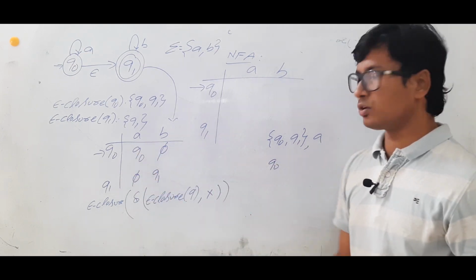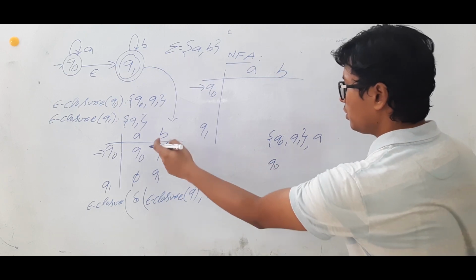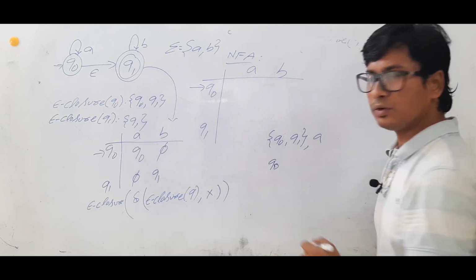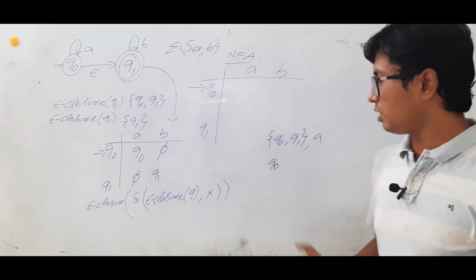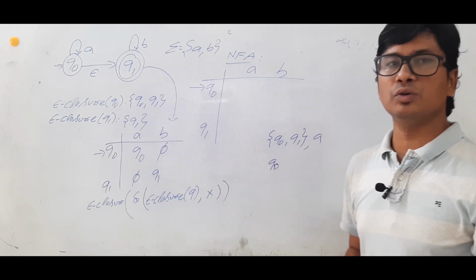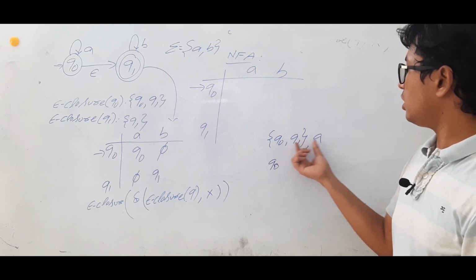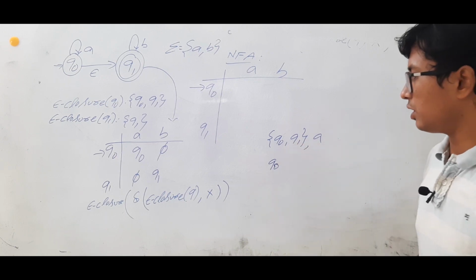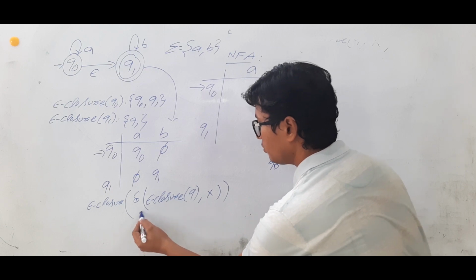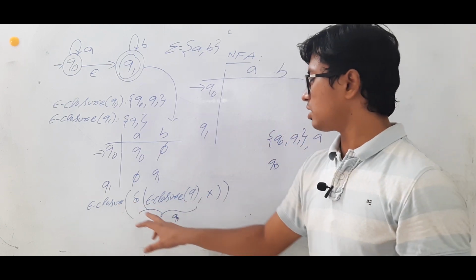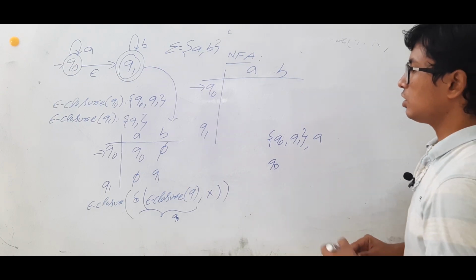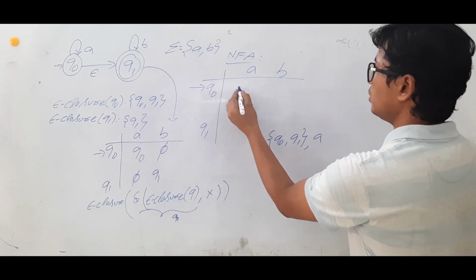Q1 on A is not going anywhere. So Q0, Q1 on A is going only to Q0. Now, for the entire result we got Q0. Then the epsilon closure of Q0 is Q0, Q1.